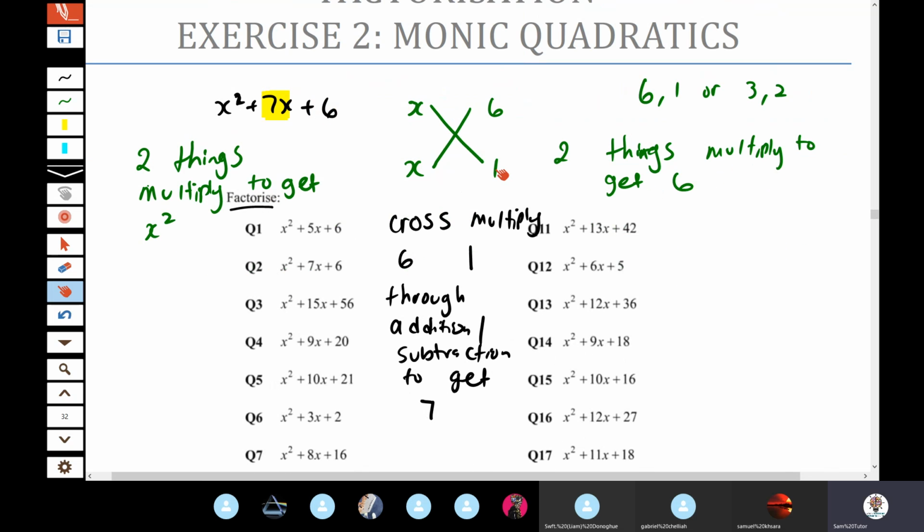Put it in. Then cross multiply. These both have ones, so they don't have numbers, so that's fine. It's just 6 and 1. Would 6 and 1 through addition or subtraction get the middle term, the middle number? Would 6 and 1 ever get you 7?